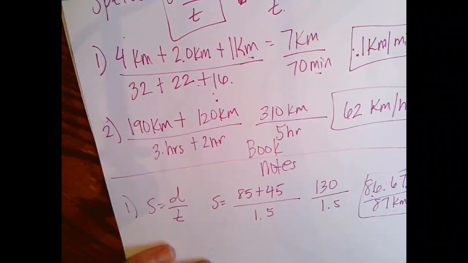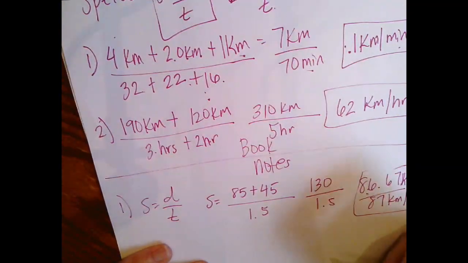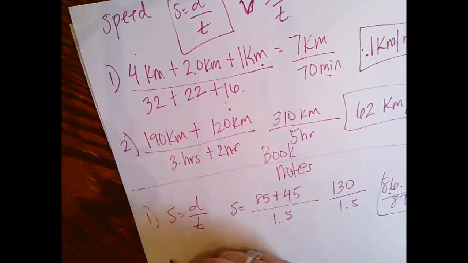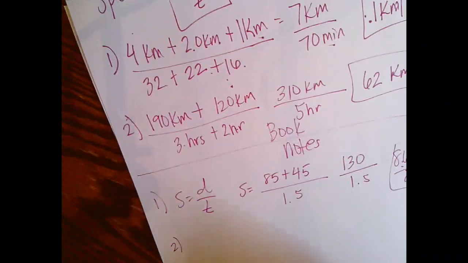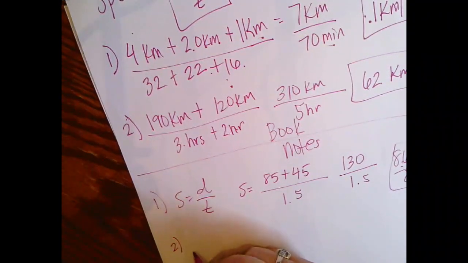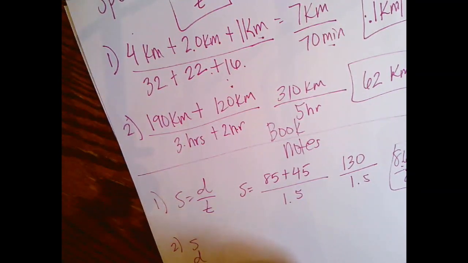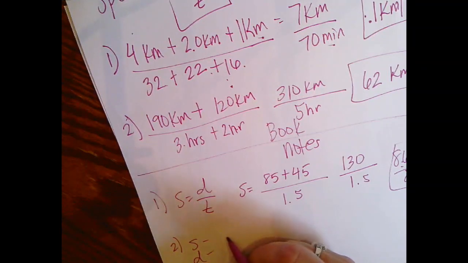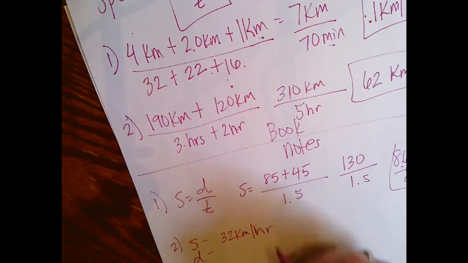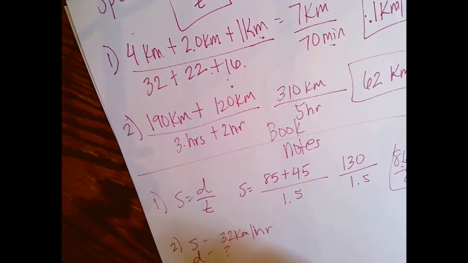And then this one, it says a bicyclist, I think that's supposed to be cyclist, travels for 1.5 hours at an average speed of 32 kilometers per hour. So I would really do this if I were y'all: 32 kilometers per hour. And then my distance, that's what I'm looking for. And then my time is 1.5 hours.